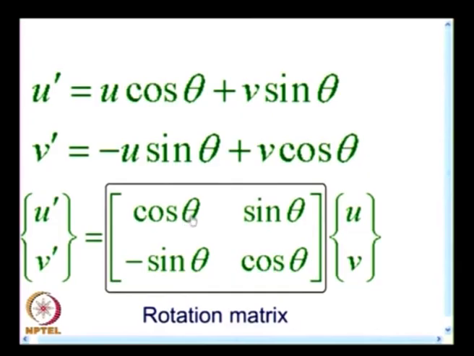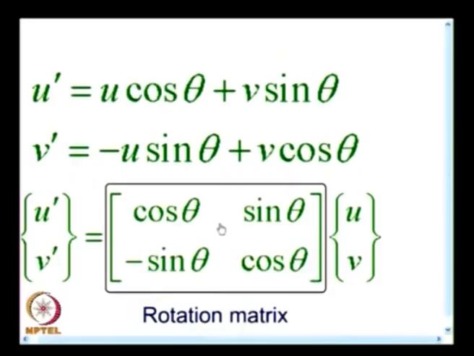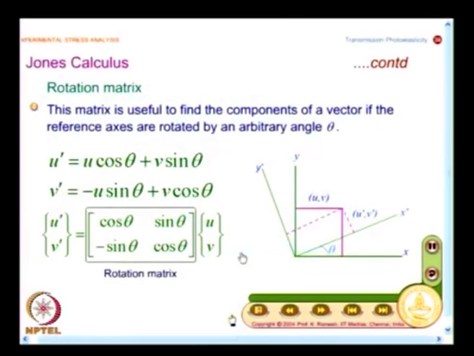We will consistently define theta as the orientation of the slow axis with the horizontal. We need to have a sort of a convention. We use this type of convention for all our mathematical development. So, now you have the rotation matrix.